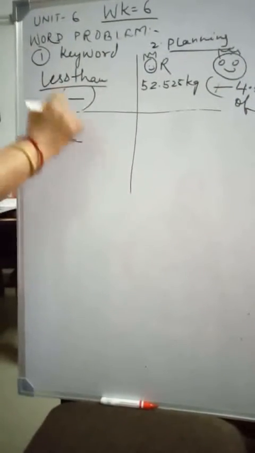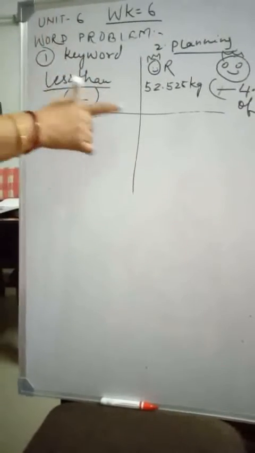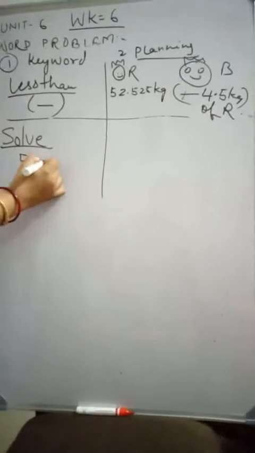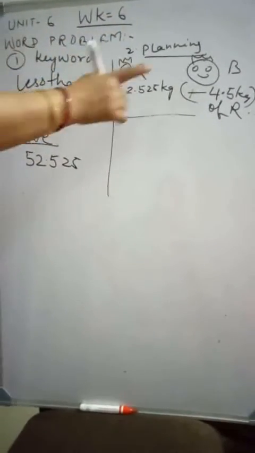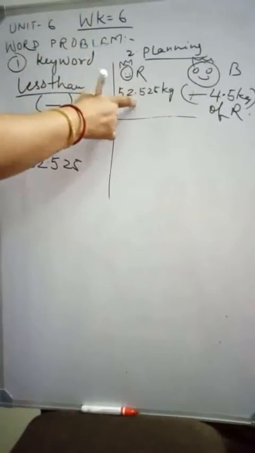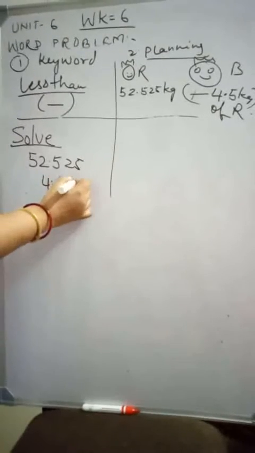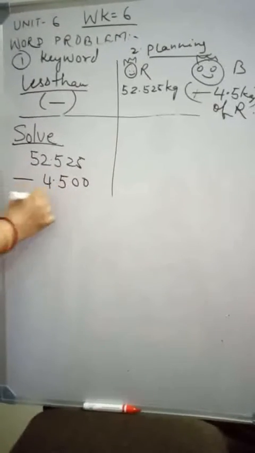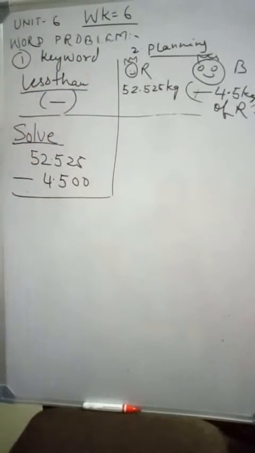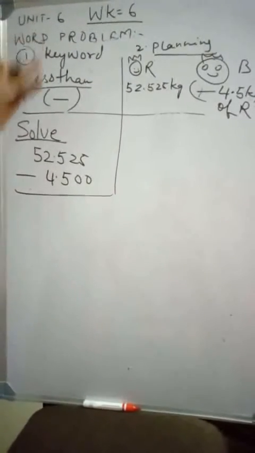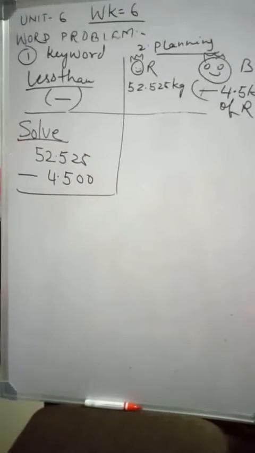Third step is solve. We have to find out the weight of Rahul's brother. So firstly take the weight of Rahul, and then his brother's weight is 4.5 less than the weight of Rahul. So it will be minus 4.500, and less than means we have to do subtraction. This is the picture that you have to draw in order to understand this story.